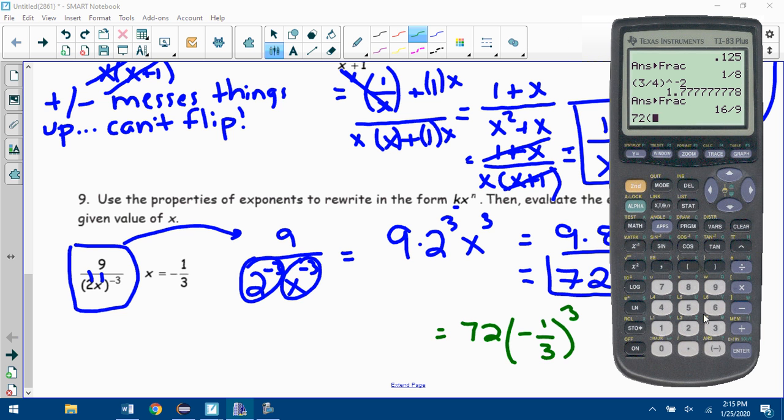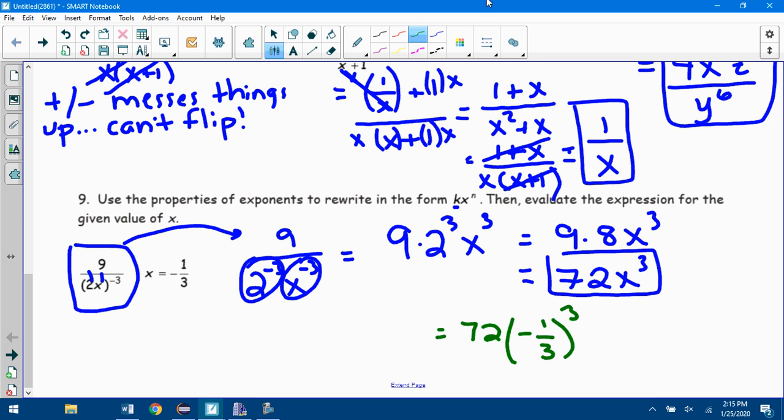But if I just do 72 times negative 1/3 raised to the third, I get, math bracket, negative 8/3. All good? Any questions? Hopefully not. All right, flip it over.